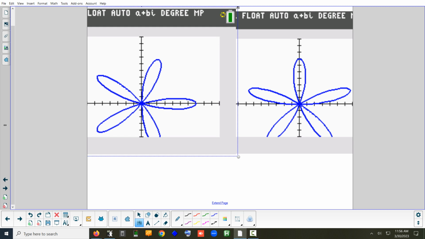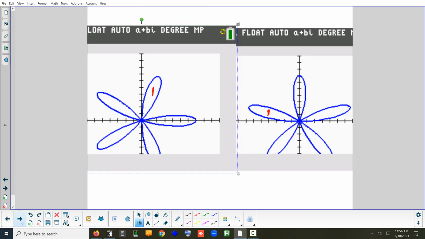But, oh, did it go counterclockwise? Yeah, maybe that's what it did. So this petal I think is that petal. Yeah, so it did rotate 90. And then this petal is that petal when it rotates. Yeah.